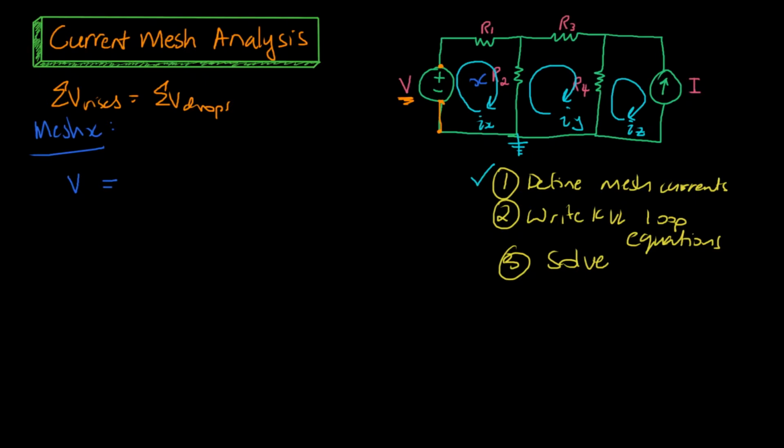If we then continue along the path that the current would take, we reach a resistor. And this is where we come to a difference in our two procedures. In this second method, I want you guys to forget about the positive and negative terminals of resistors and always take resistors to be voltage drops. So in this first resistor, we have a voltage drop of IX times R1, as we're still saying IX is traveling around this loop.